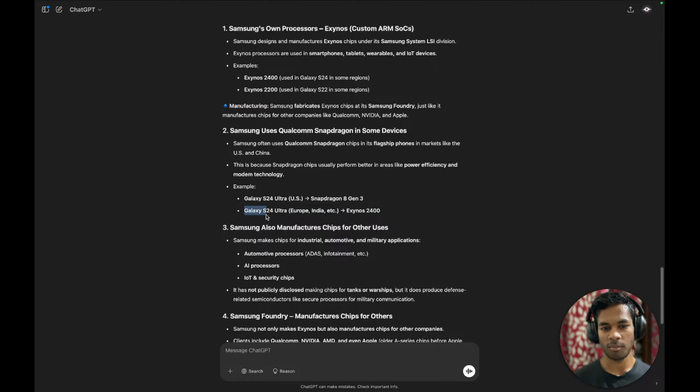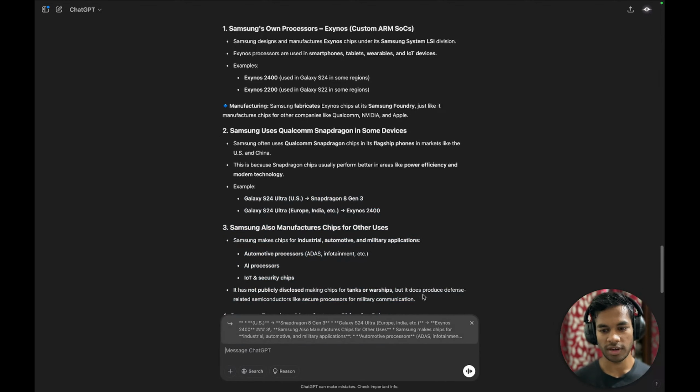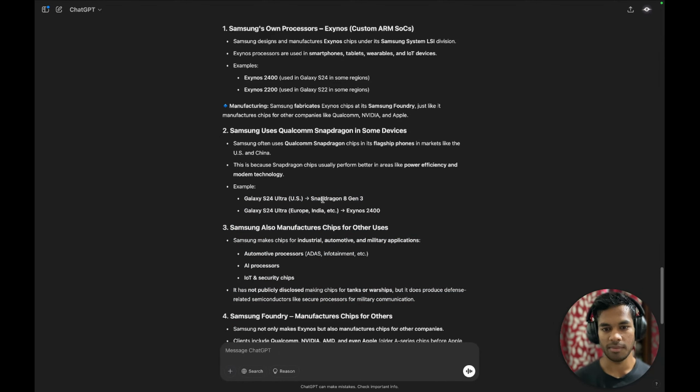Even though the model of the phone is the same, the processor is totally different. The ISA is the same, ARM in both, but in the US it is Snapdragon 8 Gen 3 and in Europe it is Exynos 2400.